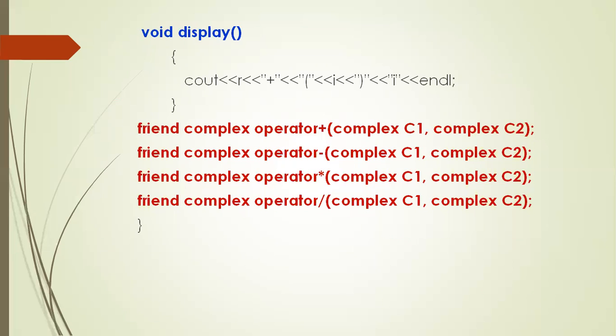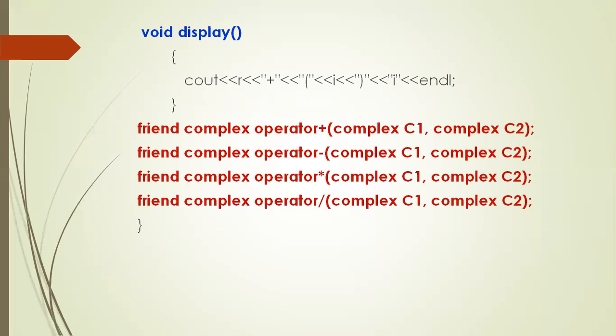The first object is C1 of complex type. The second object is C2, again of complex type. The next three declarations are similar. So friend complex operator minus complex C1 comma C2. For the third one, friend complex operator star complex C1 comma C2. Friend complex operator slash complex C1 comma C2.